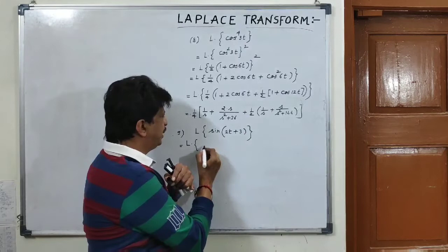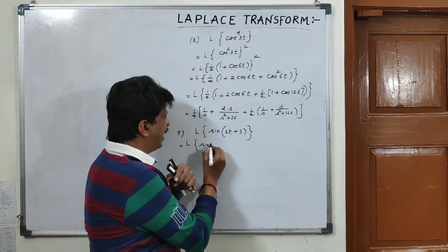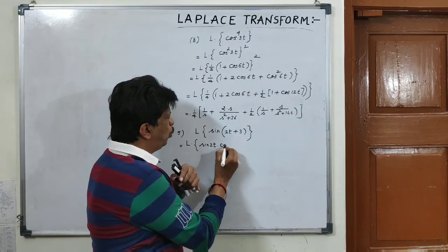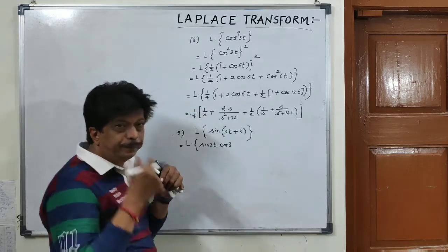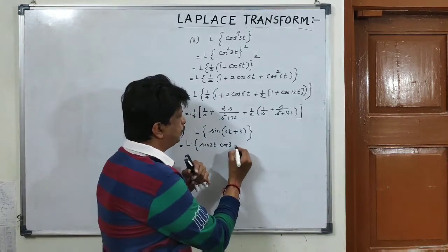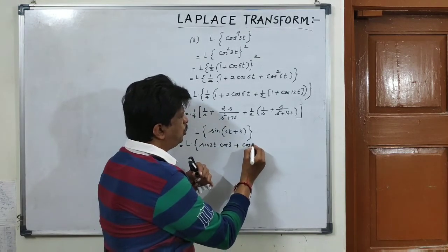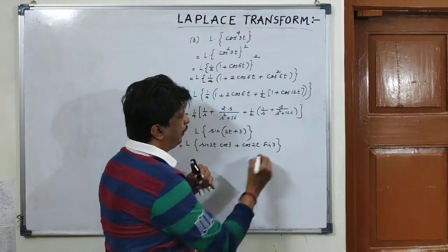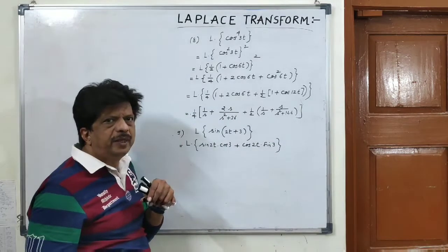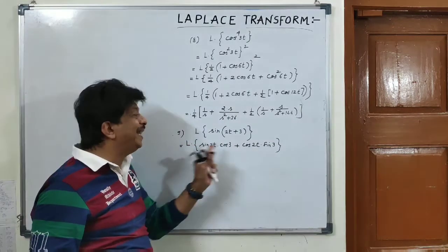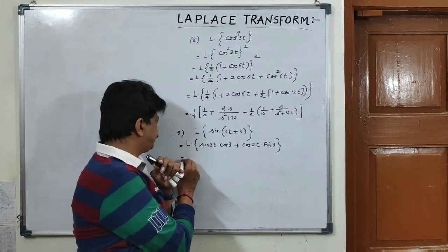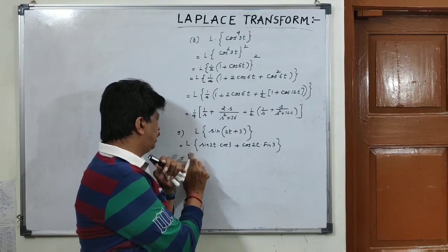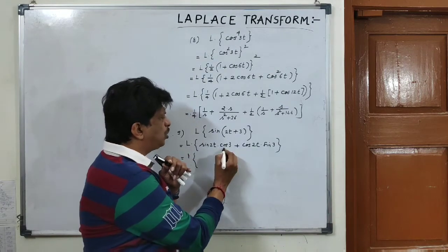So it is sine 2t into cos of 3 plus cos of 2t into sine of 3. That is sine of 2t plus 3. Now taking the Laplace transform. Here cos of 3 is constant.